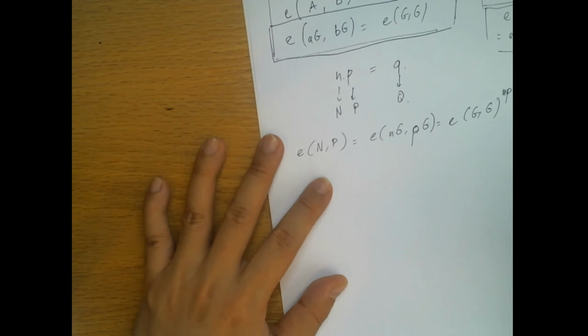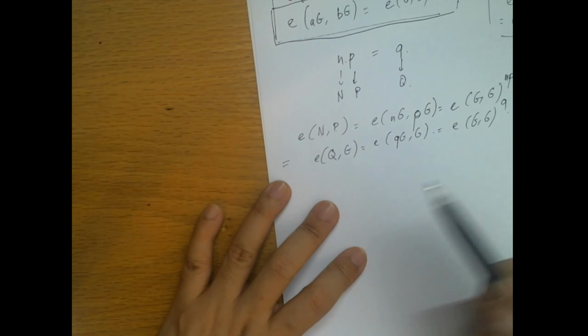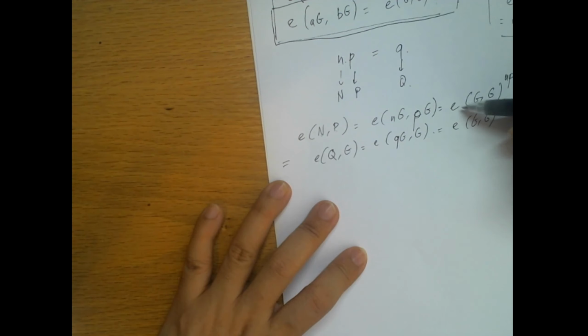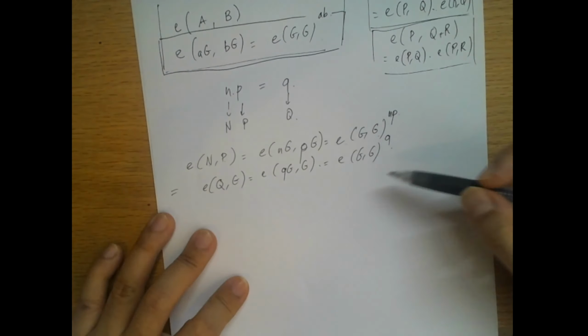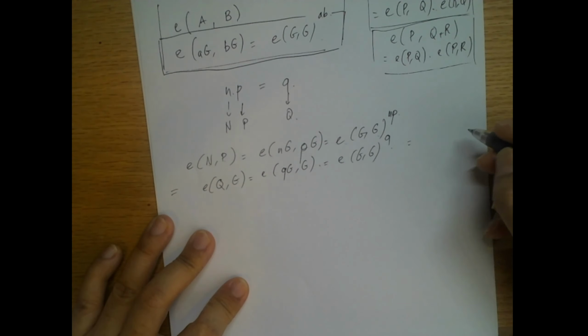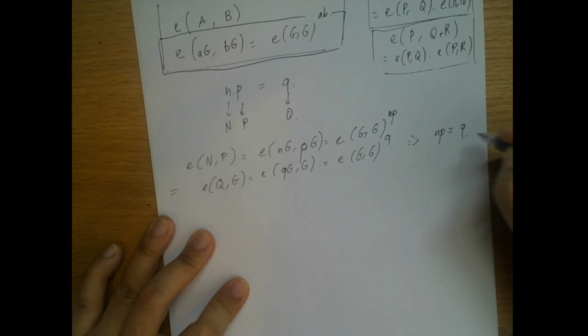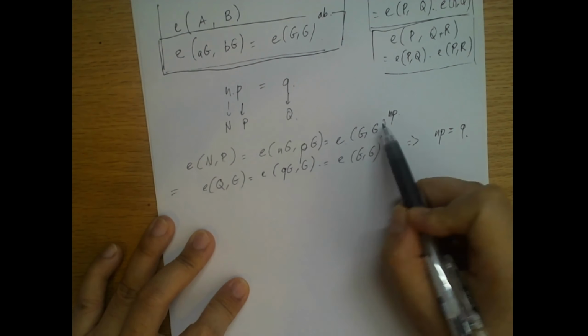So now we can see that if these two, E of NG and E of QG, are equal, then these two are equal here, and that means that NP is equal to Q, because we know that E of GG is not 0.